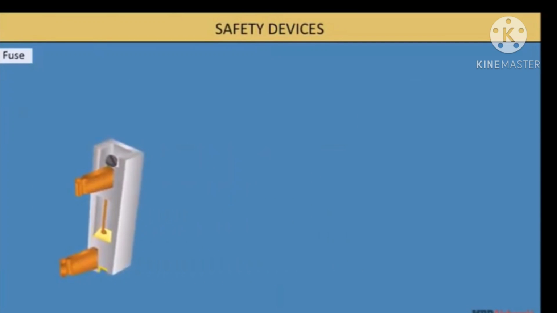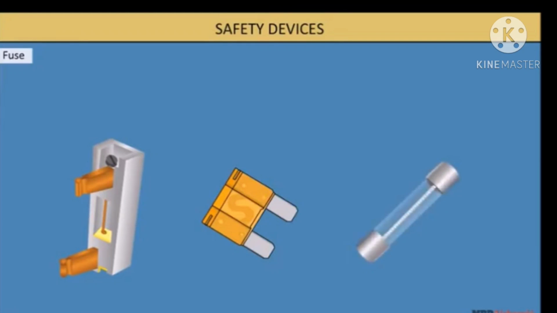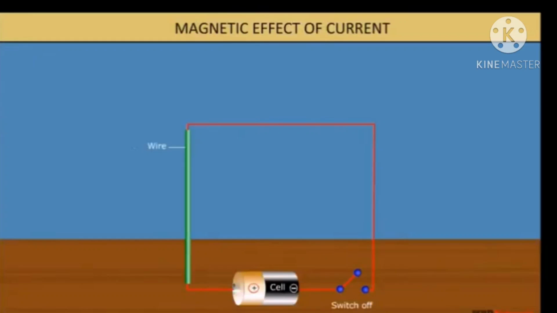Children, fuse. A fuse is also used for the protection of the circuit which consists of a thin wire of low melting point. These days, fuses are being used rather than miniature circuit breakers.